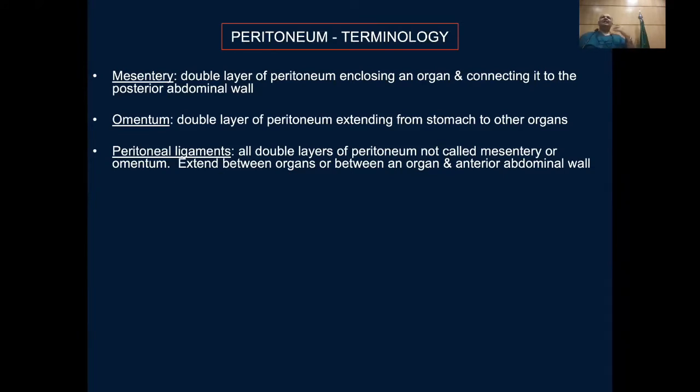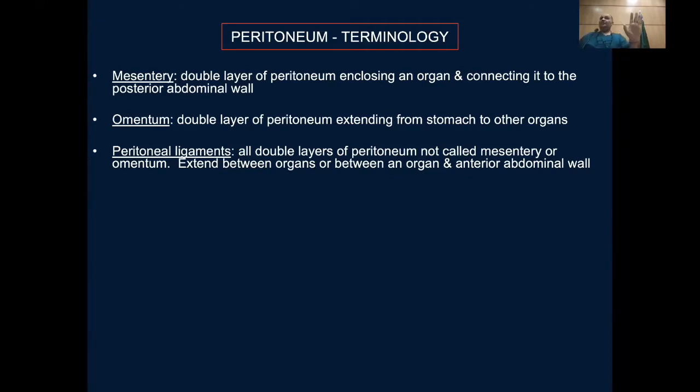But if it's, say, between liver and duodenum, or between spleen and another organ, we call it a ligament. But from the stomach, it's called omentum. And if you are done with these three terms, you have done 50% of understanding.